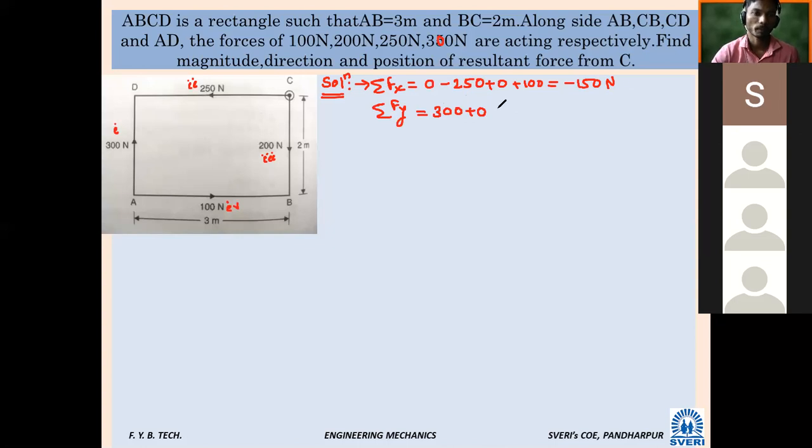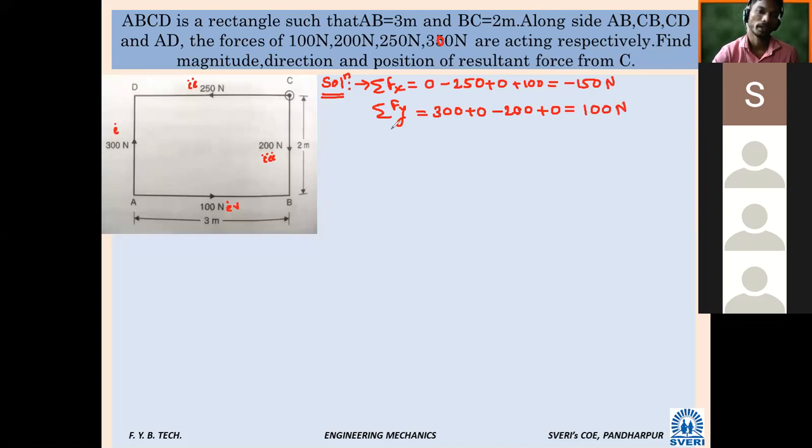Next, force number 3, 200 Newton: minus 200. Why is it minus 200? Downward direction. Force number 4: 0, again 0 because it is a horizontal force. Total 100 Newton.